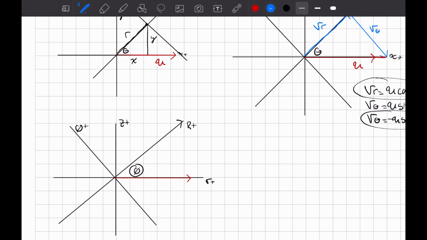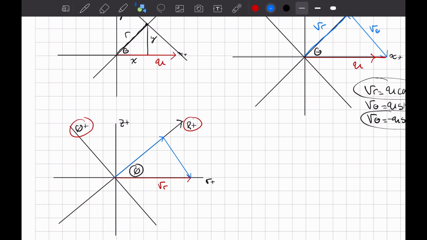And so following a very similar process from above, if we want to decompose V little r into the big R and phi, we're just going to do our vector addition like we did before.